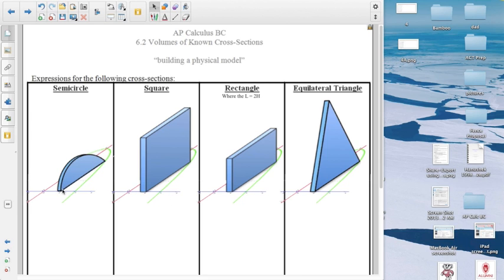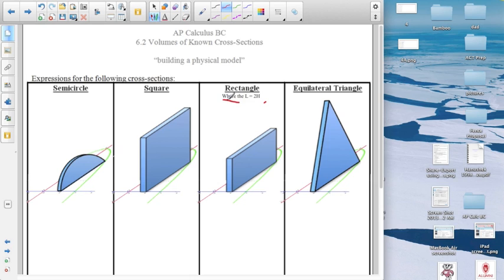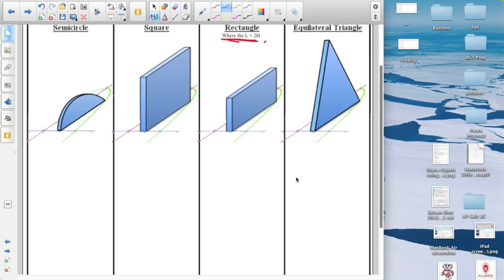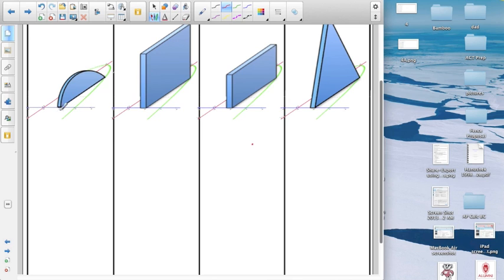I have the same quadratic as the base here, and I'm going to build each area with either semicircles, squares, rectangles with a certain proportion, which we'll talk about when we get to the rectangle expression, or equilateral triangles. If we look at the algebraic expressions for each, these are all built along the x-axis, so these are all going to be dx problems.